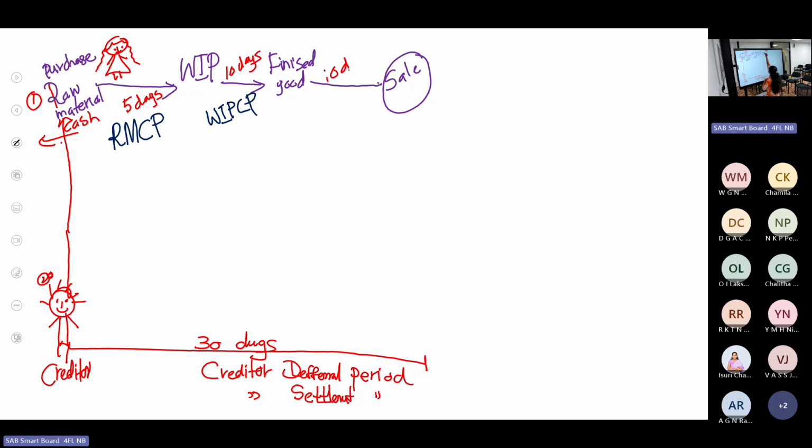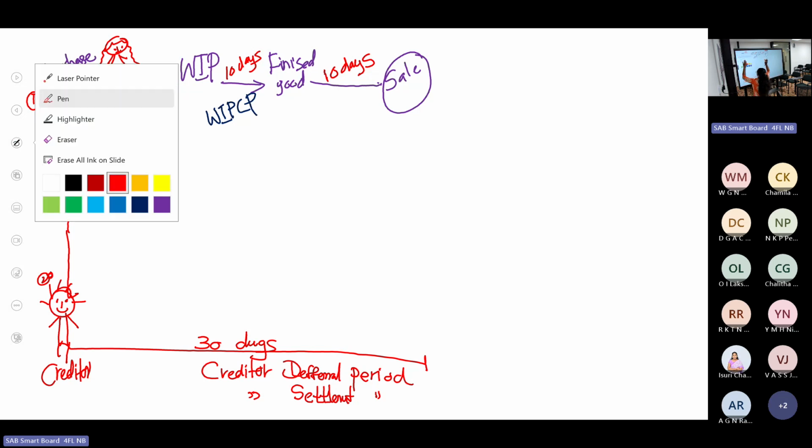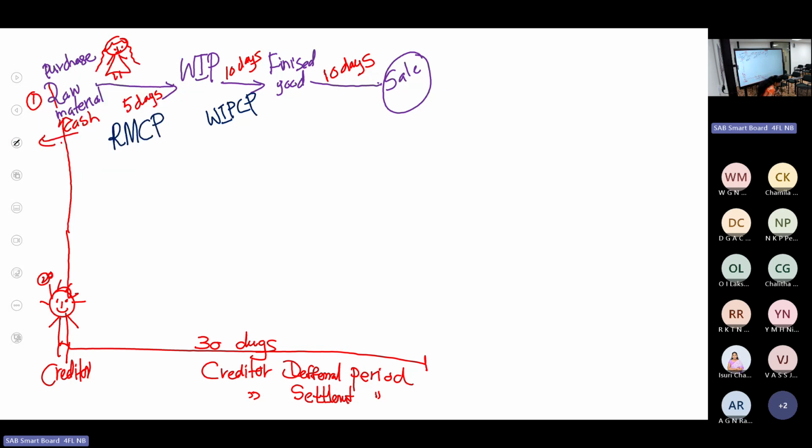Now, which time period is this? What has been converted and into what? Raw material converted to work in progress we call the raw material conversion period. Work in progress converted to finished good we identify as the work in progress conversion period.